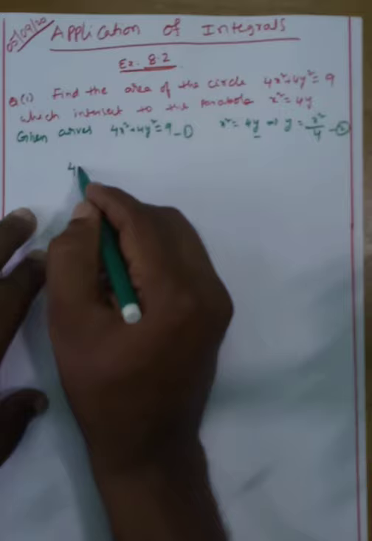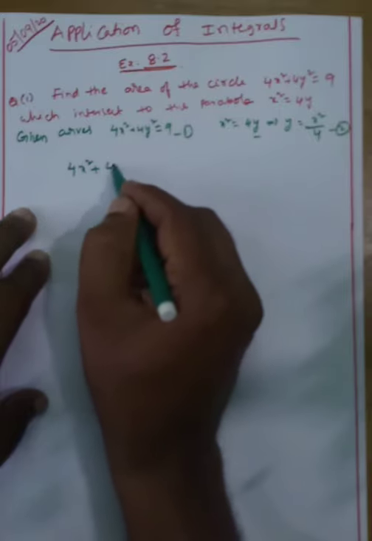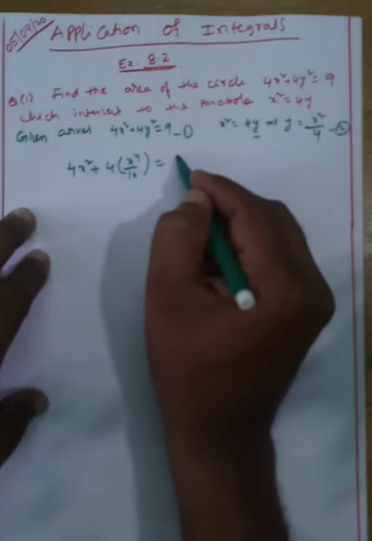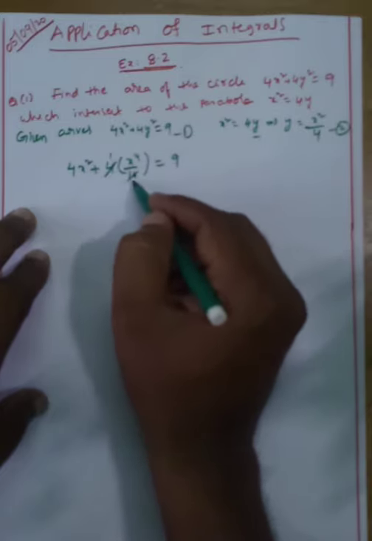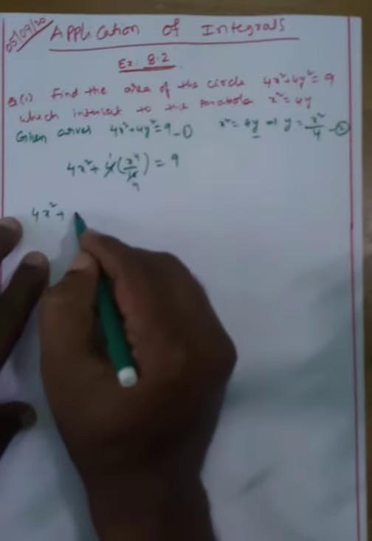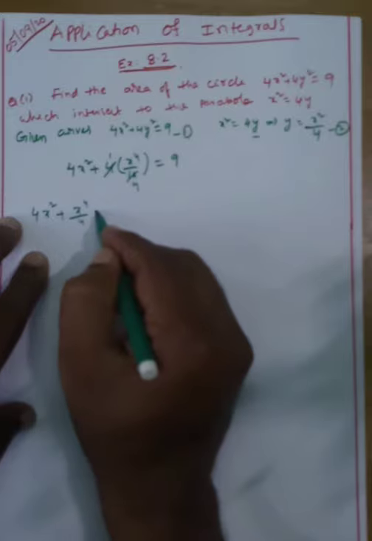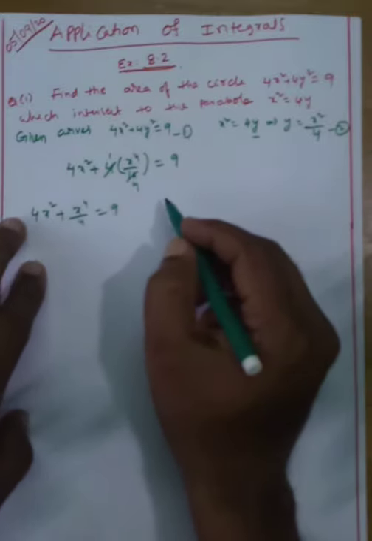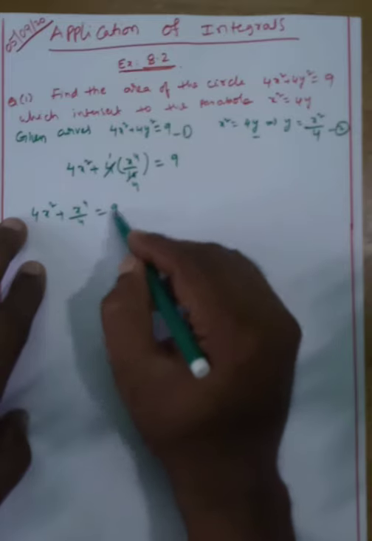Now 4x square plus 4 into y square, that is x power 4 by 16, is equal to 9. 4 times 4 is 16, that is 4x square plus x power 4 by 4 is equal to 9, my dear students. Now what is the LCM? 16x square, 9 fours are 36.